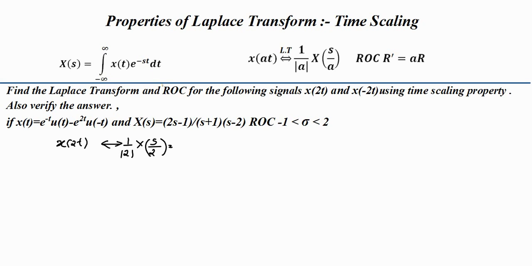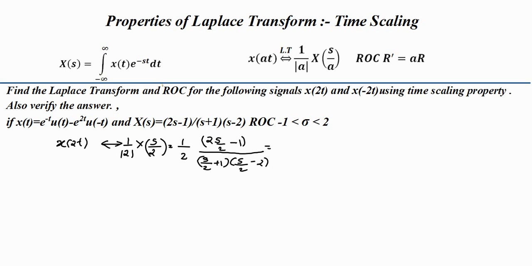So if you apply this 1 by 2, we need to replace s by s by 2. Here we need to write s by 2 minus 1 as the numerator, and now the denominator is s by 2 plus 1 into s by 2 minus 2.